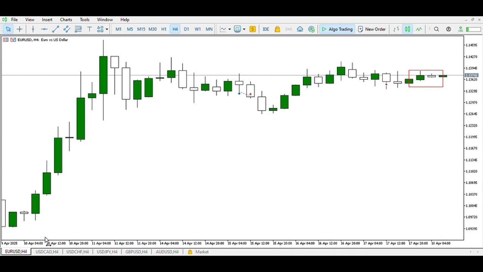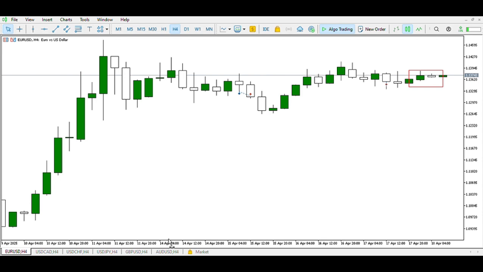To recap all we have said, these pairs here, they are the major pairs, and the major pairs have an advantage because there are more trade opportunities on them. They have clearer movements, they have better, tight spreads, and they have liquidity.